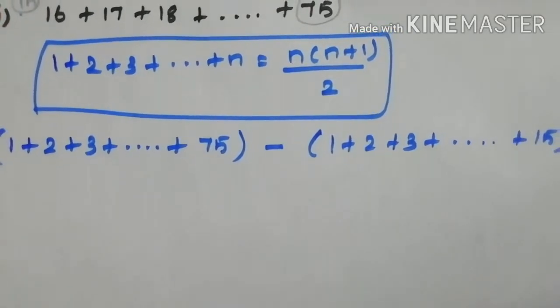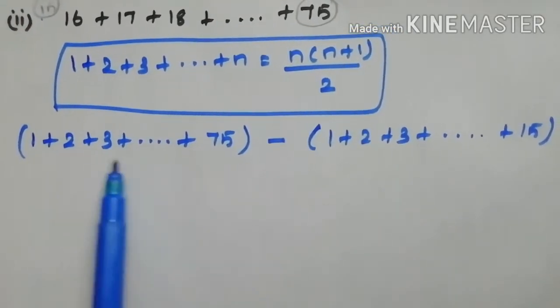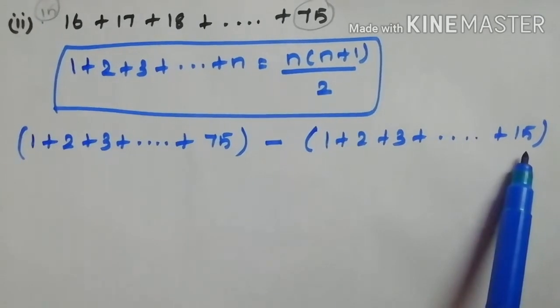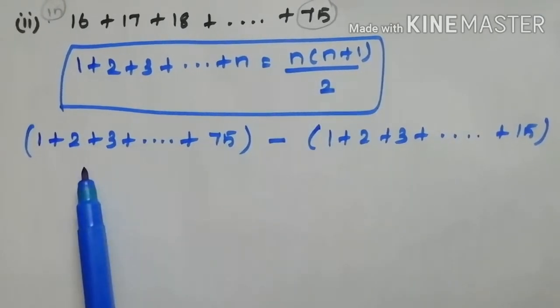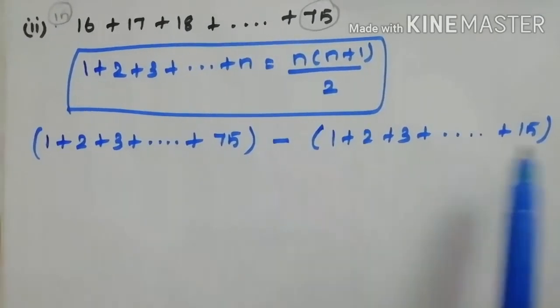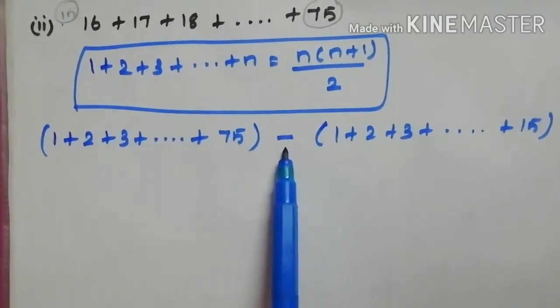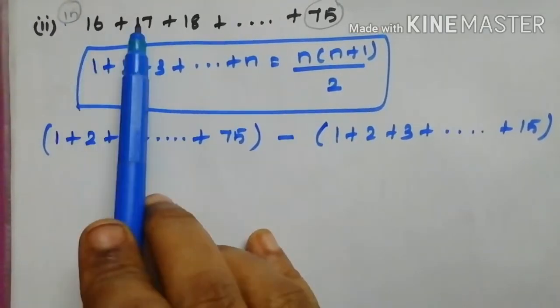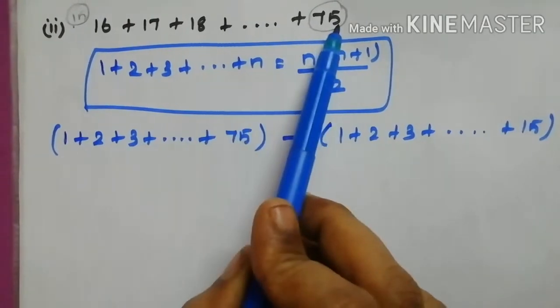So we apply the formula for 75 and for 15 and subtract, which gives the answer for 16 plus 17 plus 18 plus up to 75.